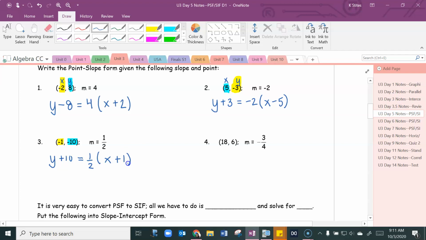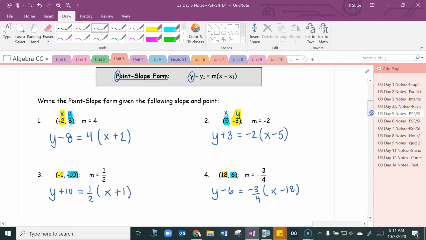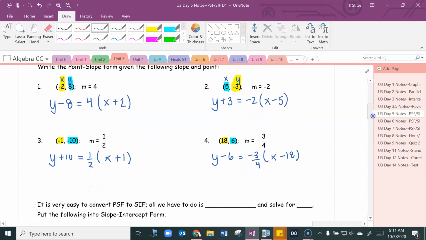All right, and one more shot here, y, and then the opposite of your y coordinate, so that'll be a minus 6, equals your slope, parentheses, x, and then the opposite of your x coordinate. So this is an 18, we write it as a negative 18. So there you go, point-slope form, easy peasy.